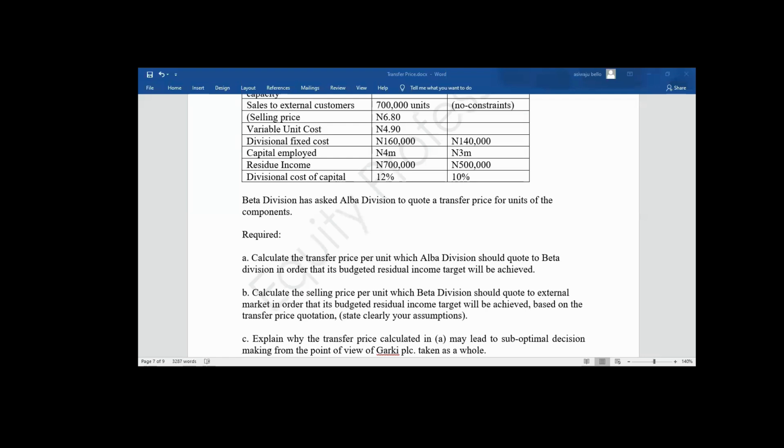Requirements A. We have Alba division. To solve this question, you are going to do a walk back.